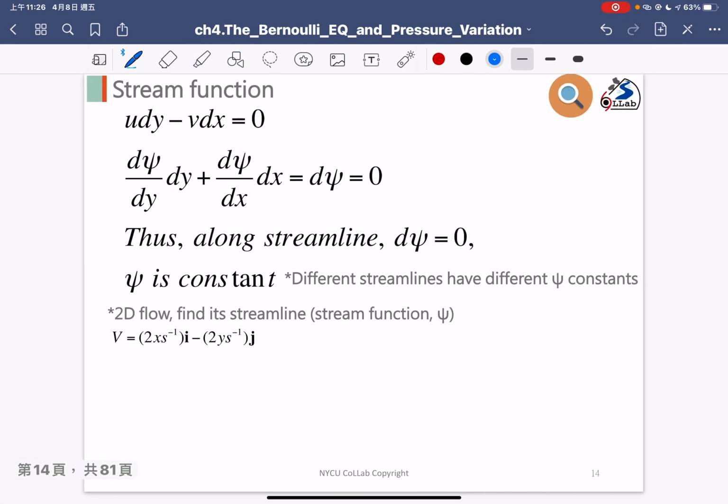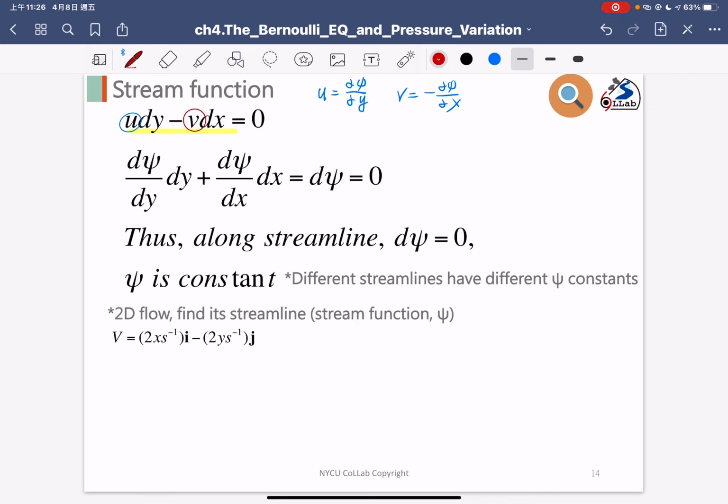So I just keep the formula here, and because I know that u is equal to the partial derivative of the stream function with respect to y, and v is the minus partial derivative of the stream function with respect to x, right? So I just put u in here, and put v in here.